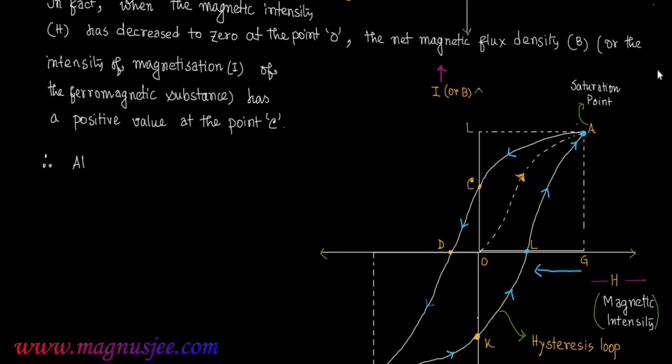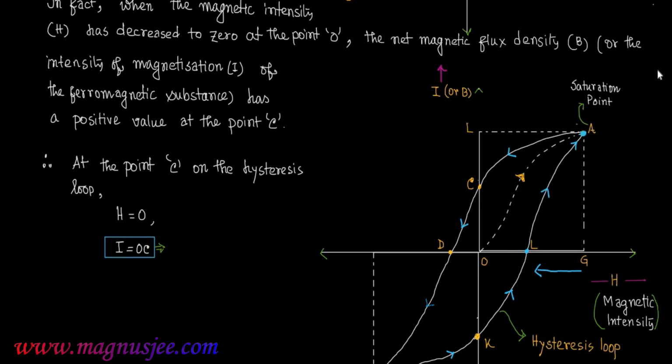Therefore, at the point C on the hysteresis loop, H is equal to 0. That means magnetic intensity or magnetic field strength is reduced to 0, but I is equal to OC.